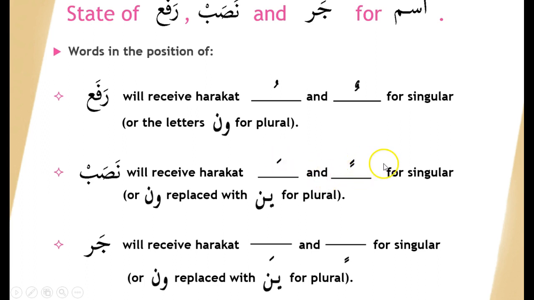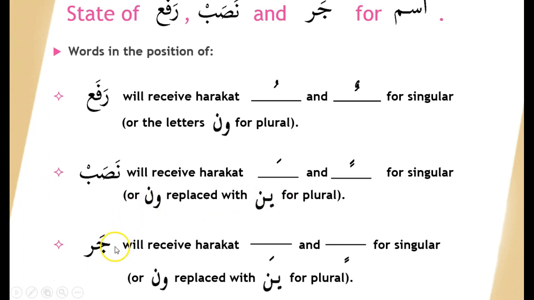For the plural, the waw nun of rafa is replaced with ya nun. You have muslimuna in rafa for plural, but in nasab it will be muslimina, meaning the waw nun becomes ya nun, at the last two letters.